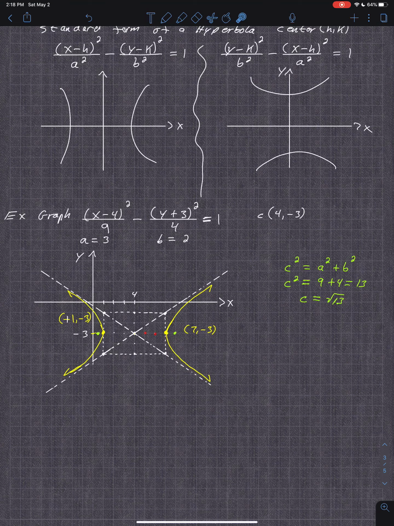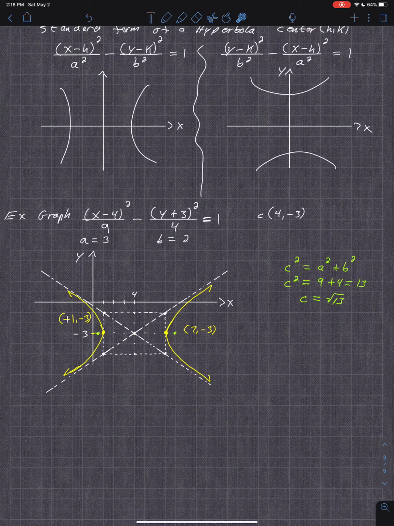Okay, so 1, 2, 3, 4. So it's probably not 4 times 4. It's going to be 3 point something times 3 point something, because 3 times 3 is 9. 4 times 4 is 16. So it's got to be 3 point something to give you 13. Okay, so it's got to be in there.